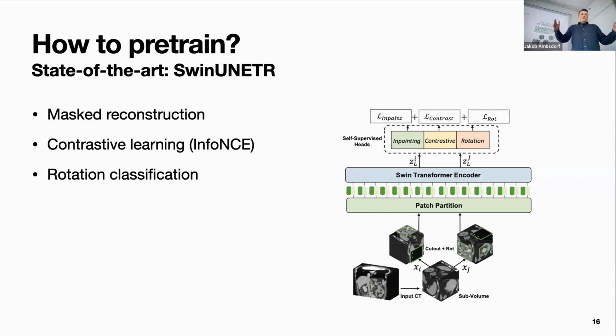Then the next question is, we have our data set, how do we pre-train? So again, looking at the state of the art here, Swin UNETR was using masked reconstruction, but also some contrastive learning loss and rotation loss. So we tried that on the data set with basically the hyperparameters that they provided.